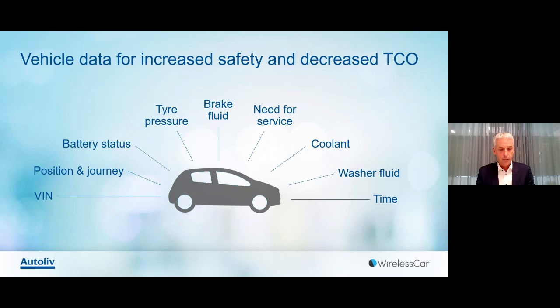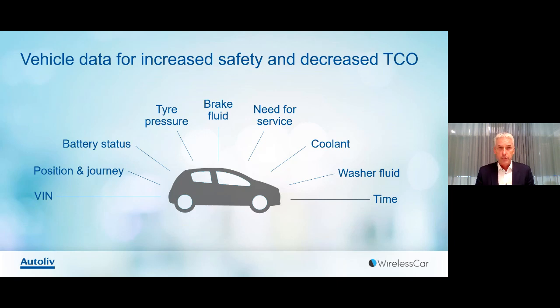And here we can see the different vehicle data that we use. Position and journey is our product that resolves the issues about trip management. That's a product, it's not out of the box from the vehicle. We can also combine with different car data, depending on the car model and what kind of TCU the vehicle has.